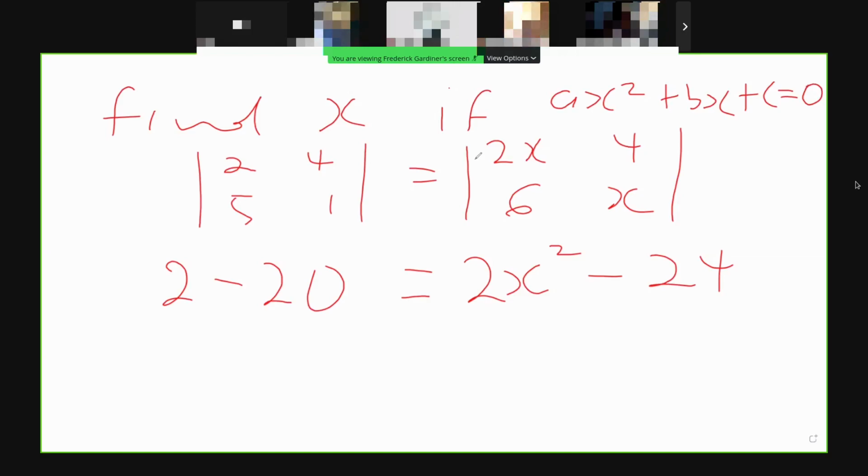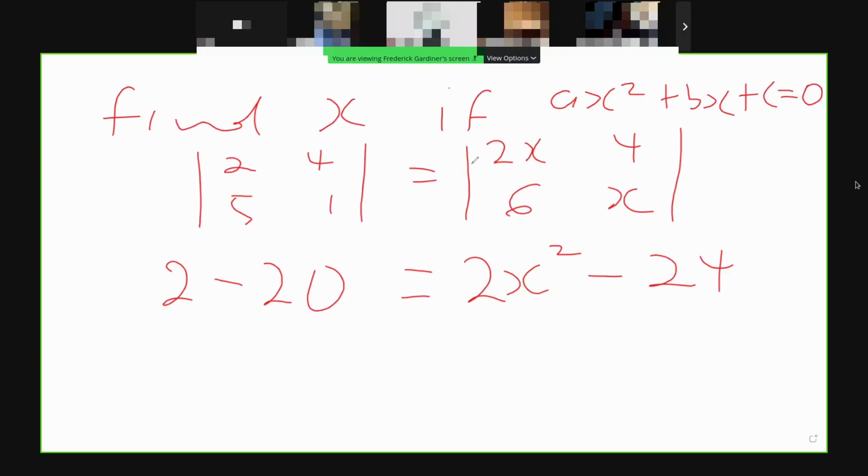So I need to do rearrangement and move everything to the other side of the equation. I can move 2 minus 20 on the left-hand side. It will give you negative 18. So negative 18 will be equal to 2x squared minus 24.